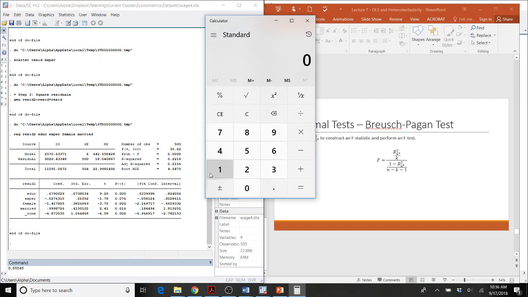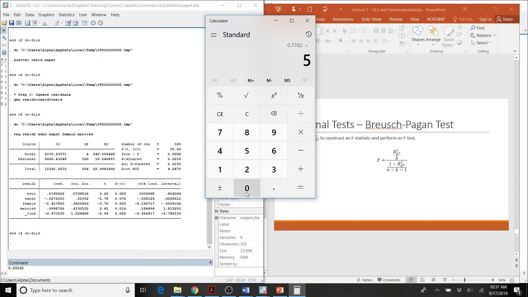Now, clear it. Let's do the denominator. 1 minus r squared, 0.2218. Okay, so we get 0.7782 divided by n minus k minus 1. Well, what's our sample size? It is 505, minus k, k is 4, so it's 501 minus 1, so it's 500.